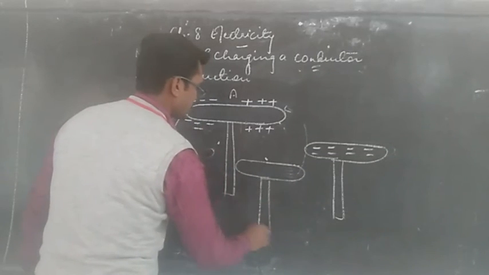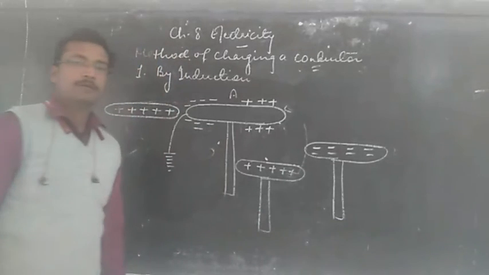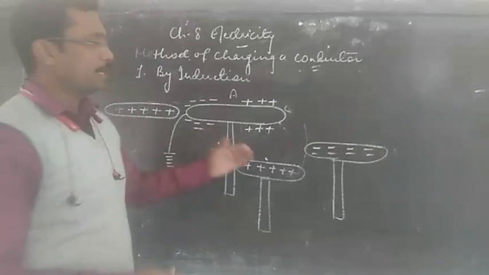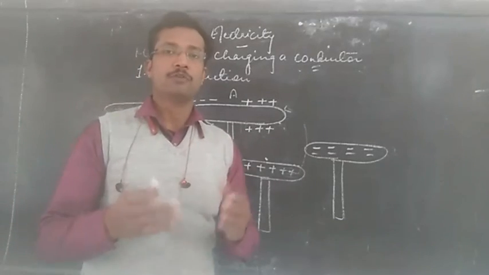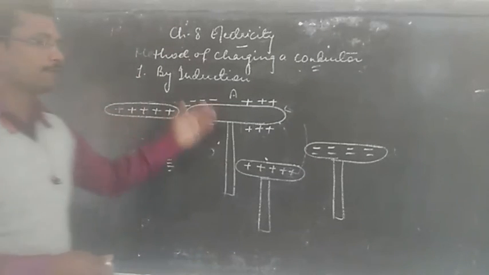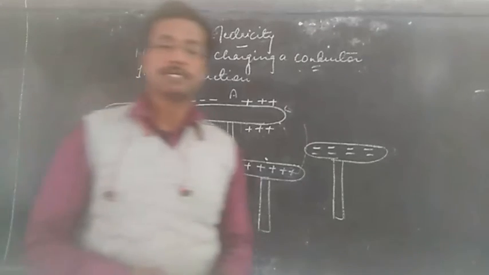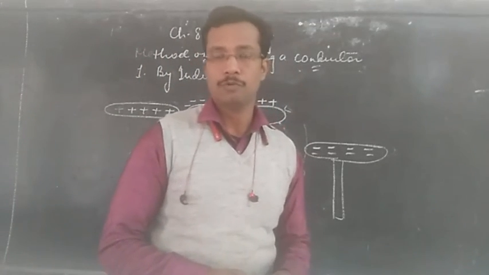So this time the conductor will have only positive charge. This is how we can maintain the charges even though this glass rod or any other charged body is removed from the conductor. I hope the methods of induction and conduction are clear to you.